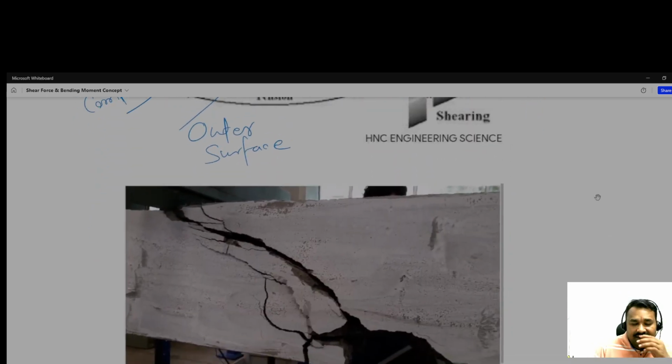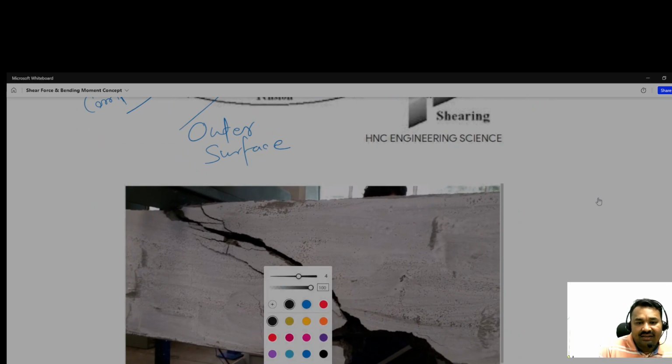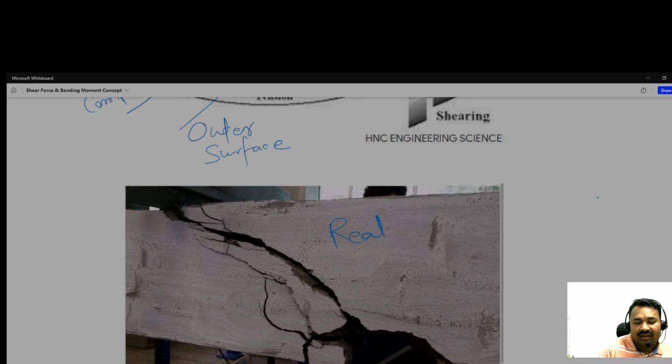Okay, and this is the real example. You can see here a real example, and which type of beam, it is a reinforced concrete beam. And due to shear, see what happened.